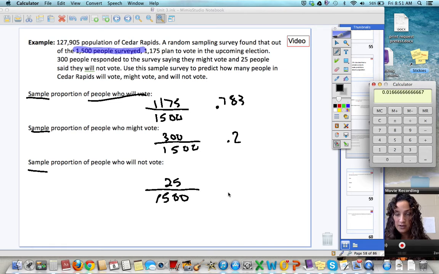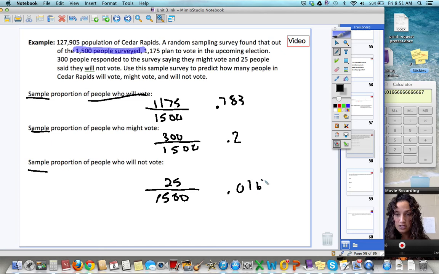So this again is going to be around 0.0167. So we could say that about 78.3% of people will vote, 20% of people might vote, and 1.67% of people will not vote. So remember, we just do this by moving the decimal twice to the right to get a percent. So we can use the proportion, we can set it up as decimal, we can set it up as a percent.